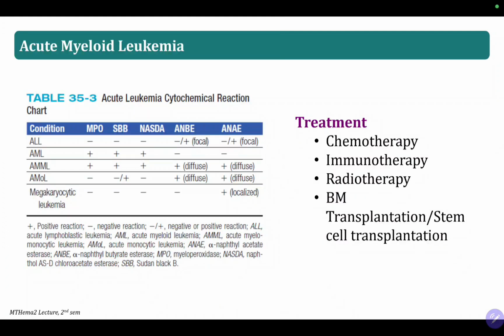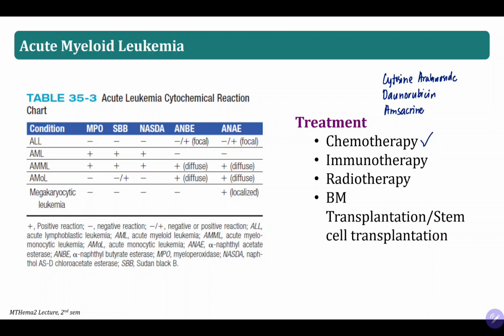Now, treatment for AML. The main choice of treatment is your chemotherapy with the use of your cytotoxic agents. Usually, these are your cytosine arabinoside, which is a myelosuppressive agent. We also have your daunorubicin, which is also a myelosuppressive agent, and also your amsacrine. Amsacrine pala, sorry guys.